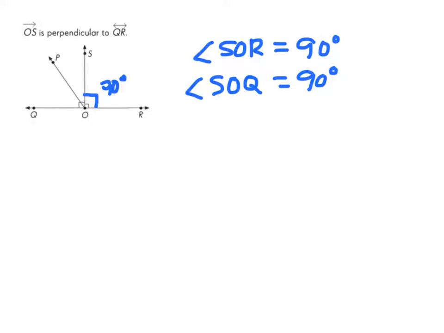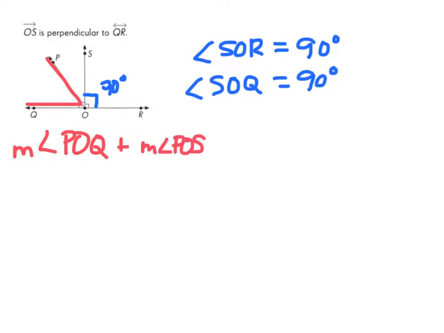We can write down that reasoning by recording what we can see is true about our angles. We know that SOR and SOQ are both equal to 90 degrees. What else do we know? We also know that the measure of angle POQ, this angle right here, plus the measure of angle POS, this angle right here, is going to equal 90 degrees, right?